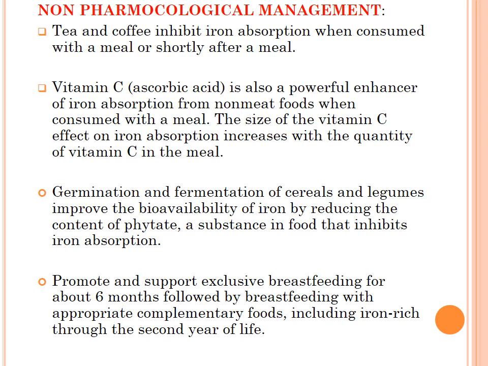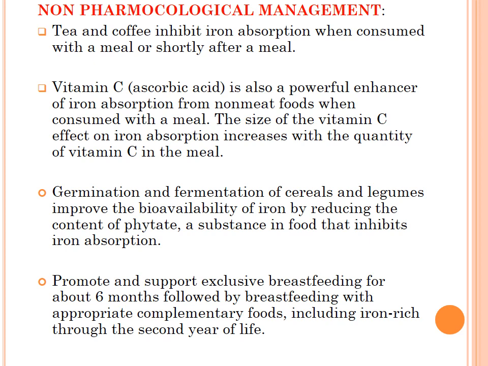Third, germination and fermentation of cereals and legumes improve the bioavailability of iron by reducing the content of phytate, a substance in food that inhibits iron absorption. Promote and support exclusive breastfeeding for about 6 months, followed by breastfeeding with appropriate complementary foods, including iron-rich foods, through the second year of life.